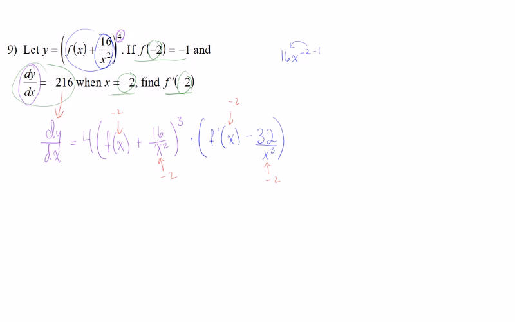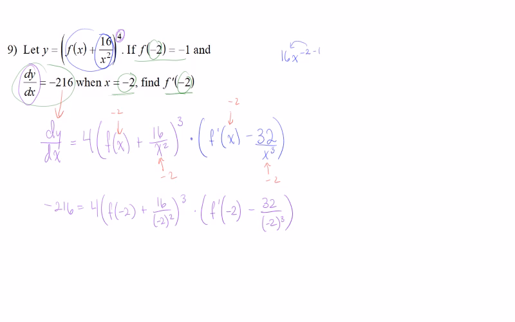Okay, and so what we'll end up with is -216 equals 4 times the quantity of f of -2 plus 16 over -2 squared, all cubed, times f prime at -2 minus 32 over -2 cubed. Okay.